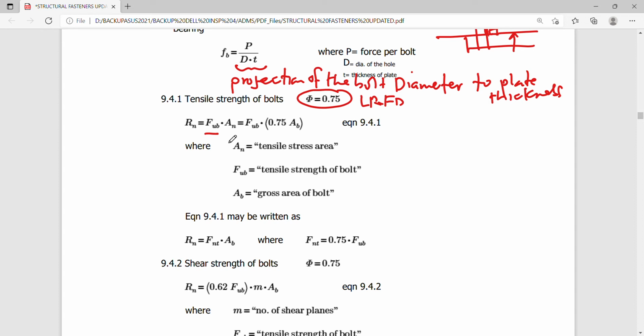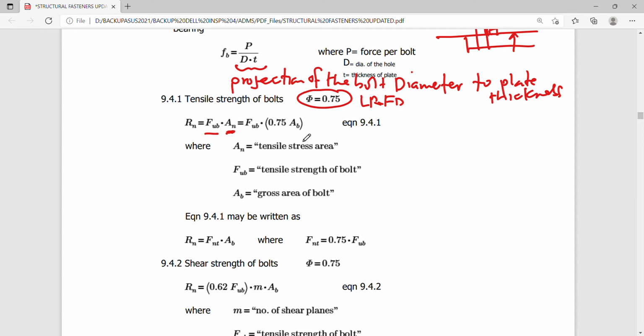Okay, so this is now the net tensile area, which is 0.75 of your AB. Okay, so it's a 75% efficiency on the area of the bolt.